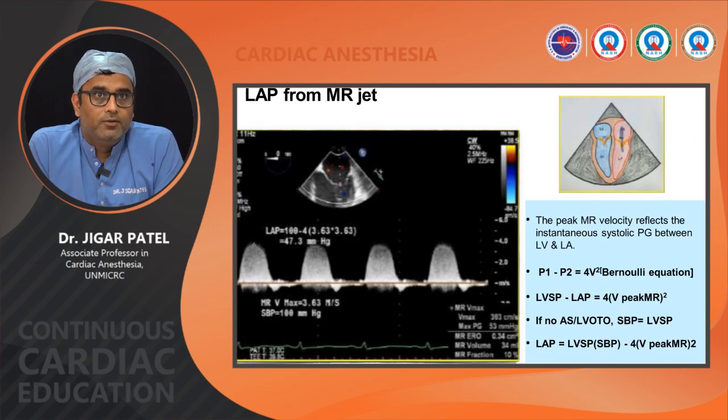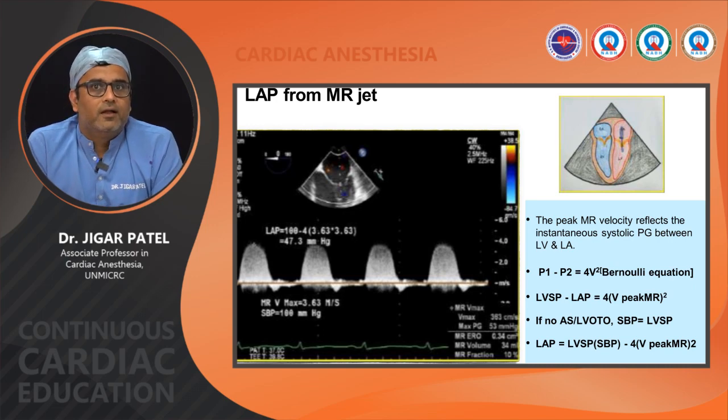Now you can also measure left atrial pressure from the MR jet. When you measure MR in the mid-esophageal 4-chamber view, this peak MR velocity reflects the instantaneous systolic pressure gradient between LV and LA. When you apply the Bernoulli equation, the high pressure chamber LV to the low pressure chamber gradient is equal to 4 times the peak velocity.